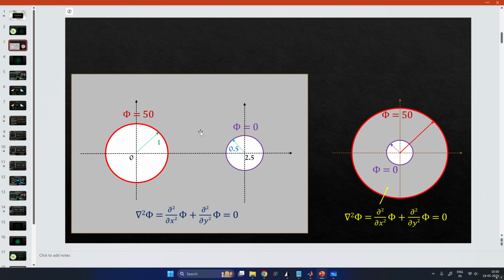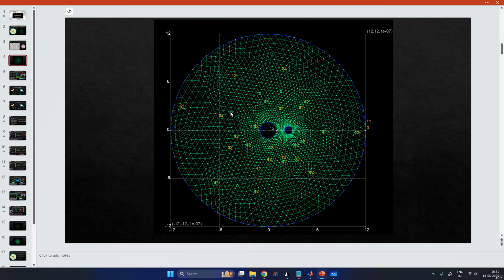So this is the kind of mesh that we'll use for the two circles case. And you can see here that I have used a mesh which is composed of triangles. The simplest kind of elements which are most commonly used for 2D cases are triangles and quads. And really the mesh and the polynomials, the kind of elements you are using, the kind of noding, all depends on the problem that you are solving.